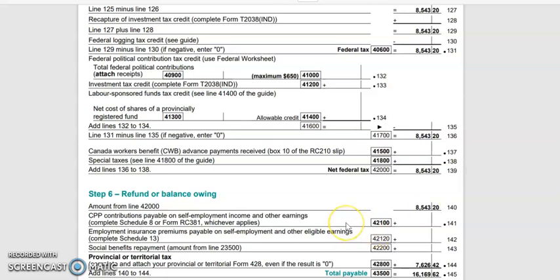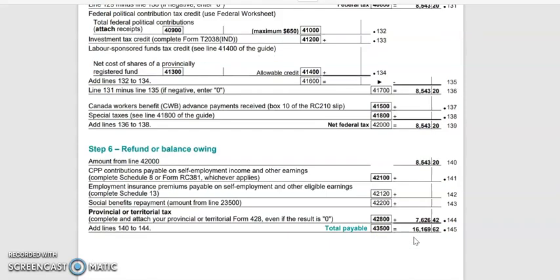Okay, so if we were self-employed or if we owed any CPP, we'd fill it in on this line. If we owed any premiums for EI, we'd fill it in on this line. If we had any social benefits that we had to repay, it would be put on this line.